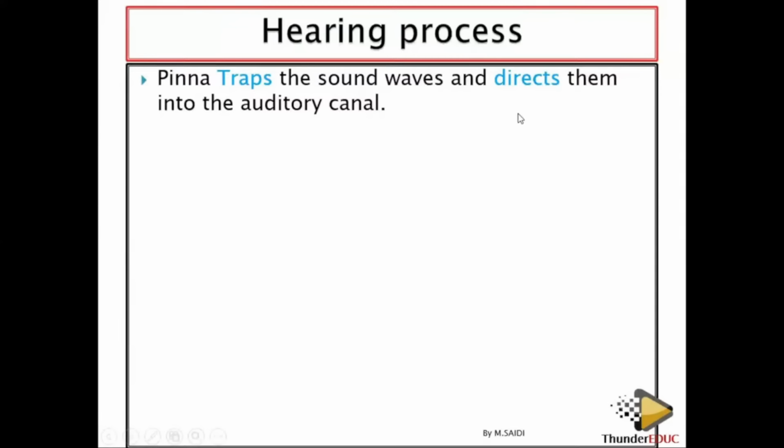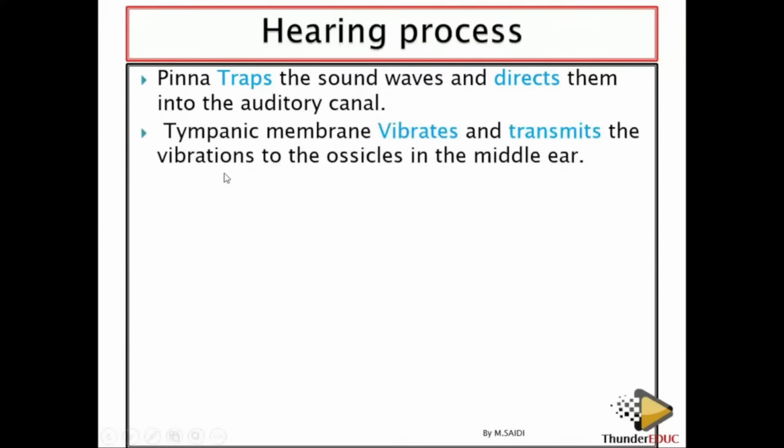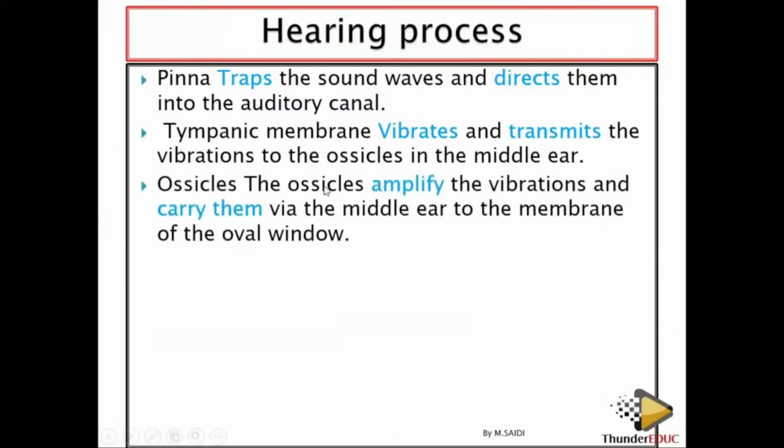The sound waves go into the auditory canal and cause the tympanic membrane to vibrate, and it transmits the vibration to the ossicles, the three bones in the ear. The ossicles amplify it and then carry the vibration to the inner ear via the oval window.